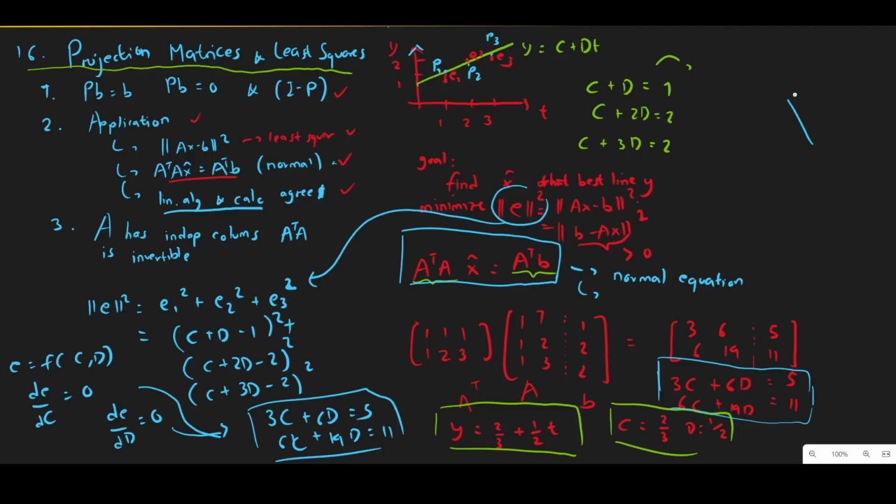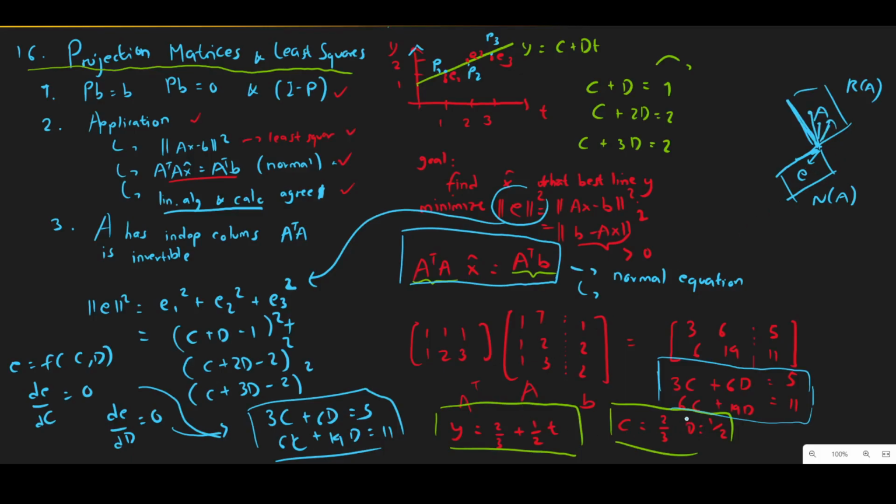Remember our picture of the orthogonal complement. So this is subspace A, and right now e sits here. This is again the row space of A, and this is the null space of A. So e must be orthogonal to all the vectors sitting in the space of A.